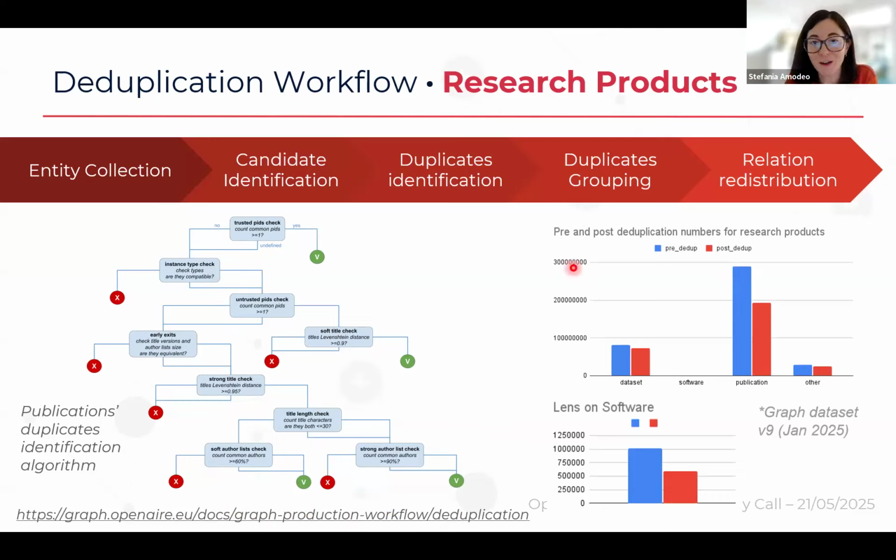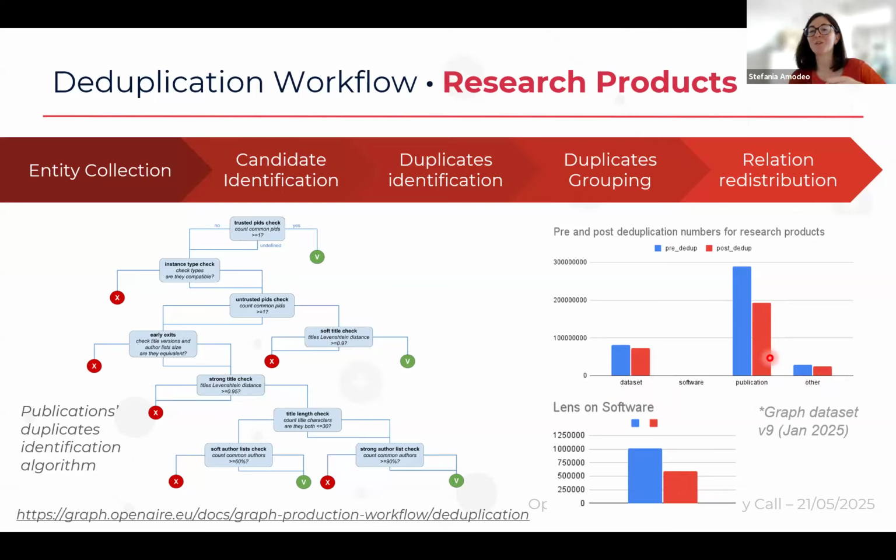What you see here is a comparison of the research products, classified by type, before and after the deduplication is done. What you see in red are the deduplicated numbers, and these are the numbers that you see in the statistics of the graph. So what you access in the end when you use the graph data are the deduplicated data.